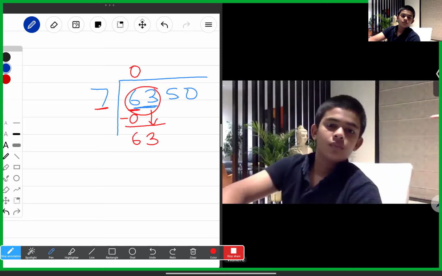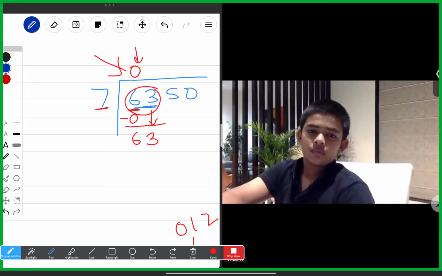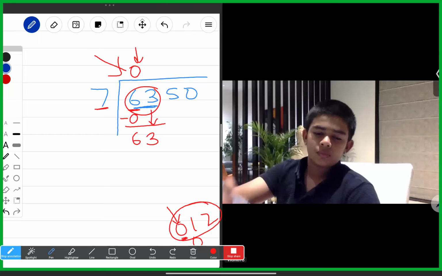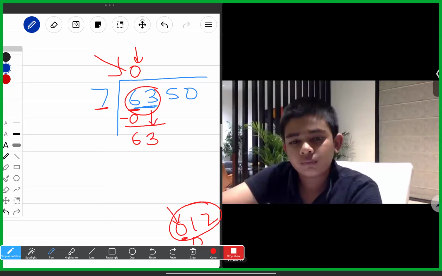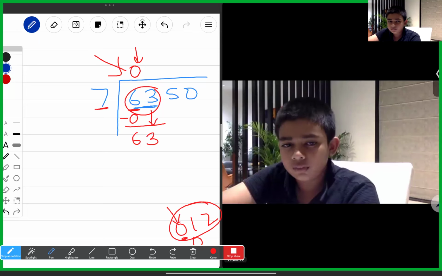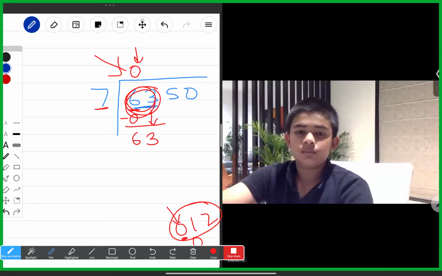Because in the starting step, if you write 0, 1, 2 or 12, both are the same, no? Yes. So because of that, teachers will ask you to take 63 directly, even though if you don't take 7 into 0 times, not a problem.